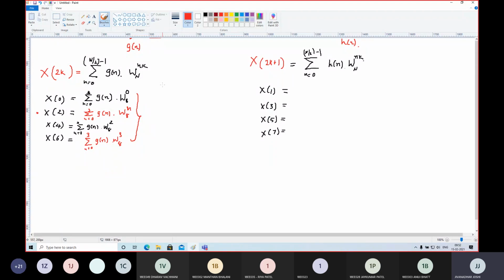So putting k equal to 1 in nk, we have n only. And here k was 0, that's why it was possible to put directly 0 here, but here it cannot be done. So you are right, here it should be n into k equal to n into 1 equal to n.